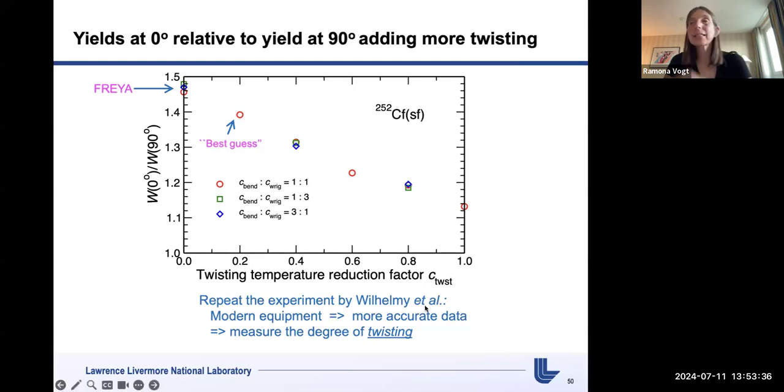So this is like homework for somebody to go and repeat this experiment by Willoughby and collaborators using modern equipment and a lot more accurate data to measure the amount of twisting that's present.